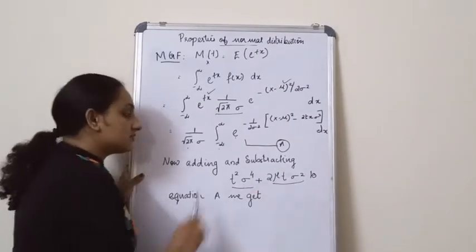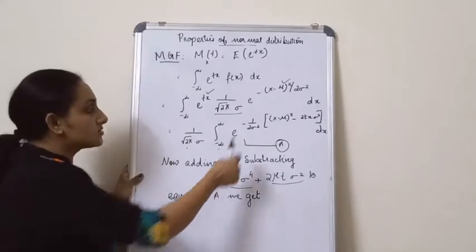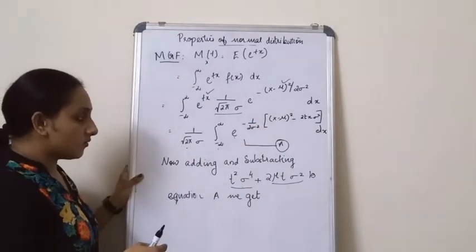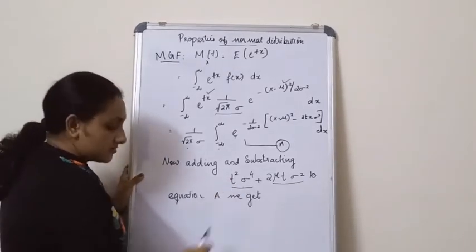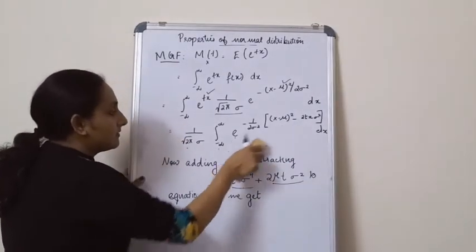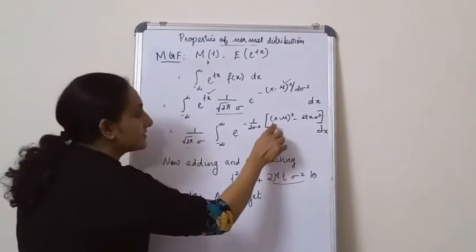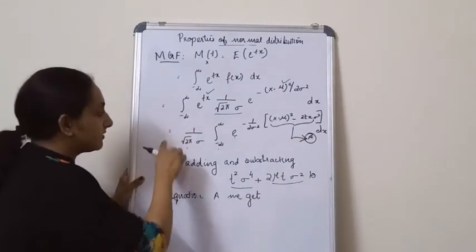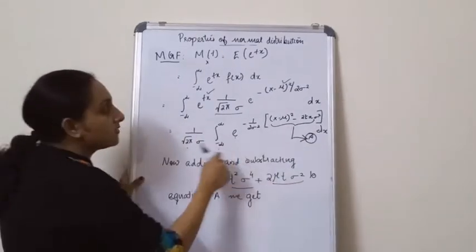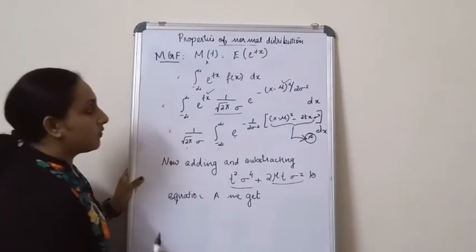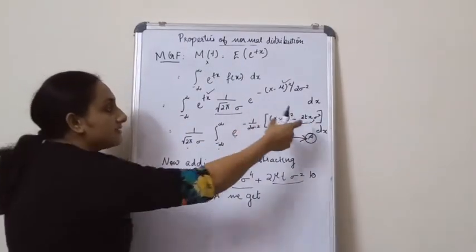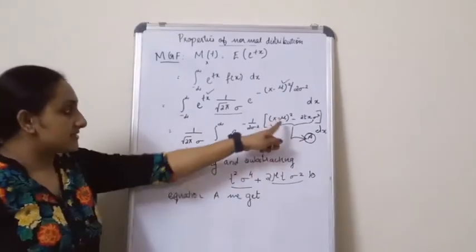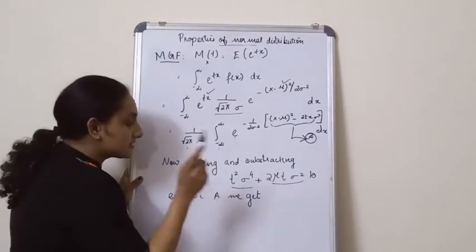These two terms I will be adding, and I will also subtract them. Consider whatever is inside the brackets as A. Now to that A, I am going to add this term and this term.